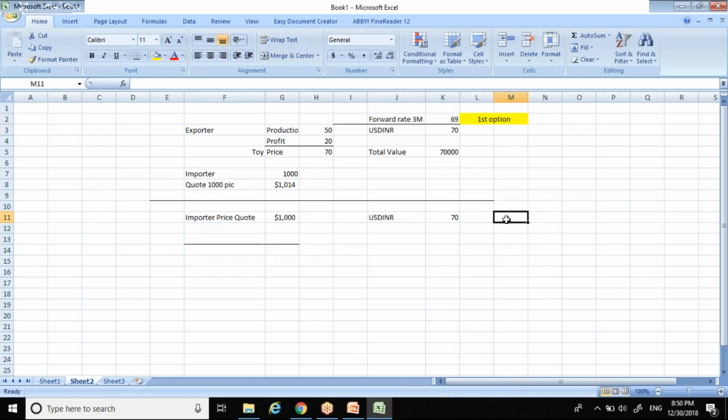But the second option could be, I go to the exchange and take a short position in currency futures. So what I do is, I go to the exchange, I look for the USD INR 3 months future contract.